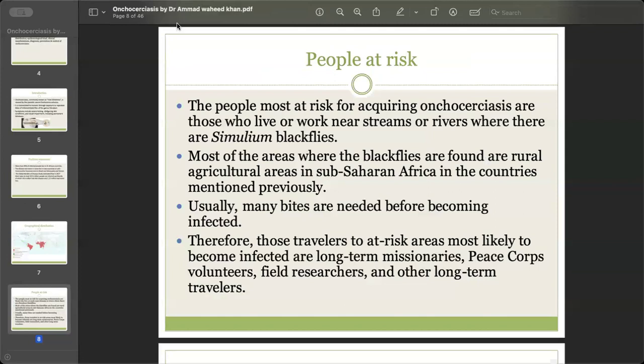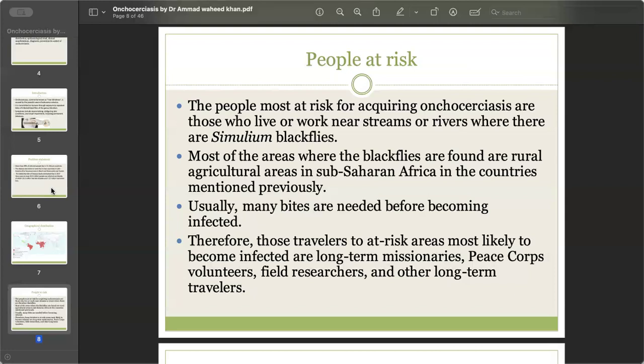People at risk. Some people most at risk for acquiring onchocerciasis are those who live or work near streams or rivers where there are Simulium black flies. Most of the areas where the black flies are found are rural agricultural areas in sub-Saharan Africa, in the countries mentioned previously.